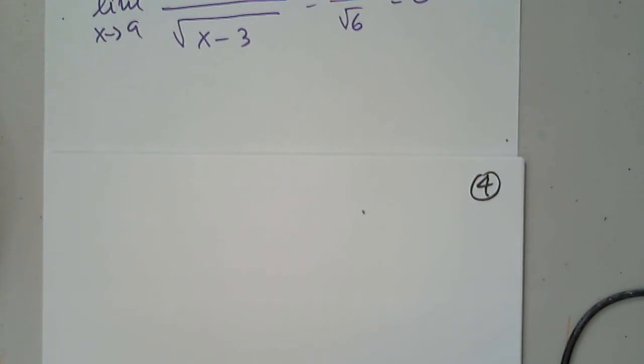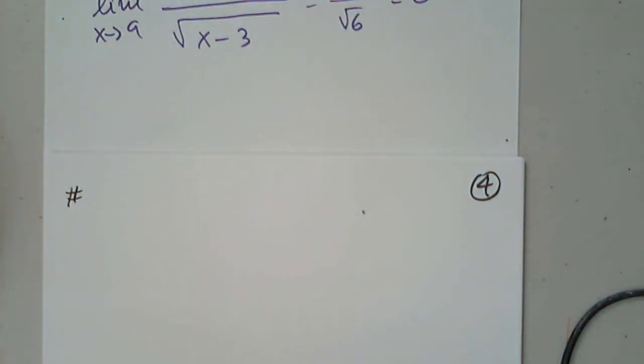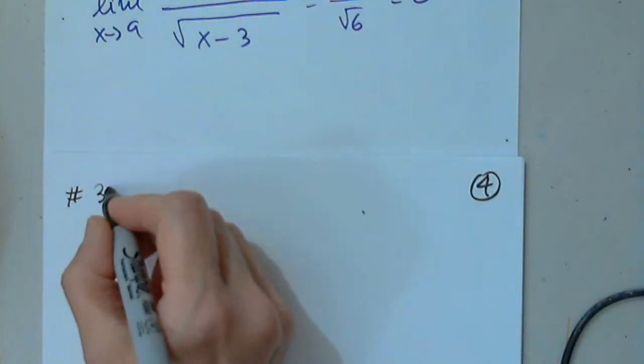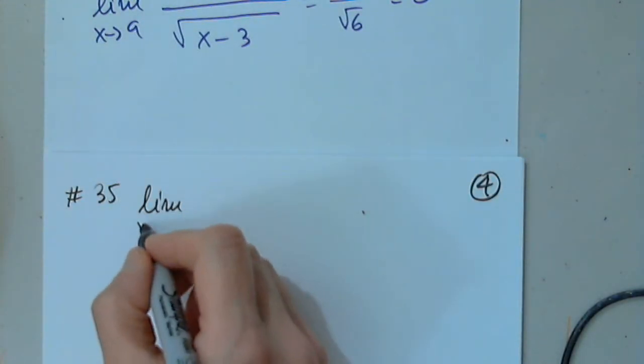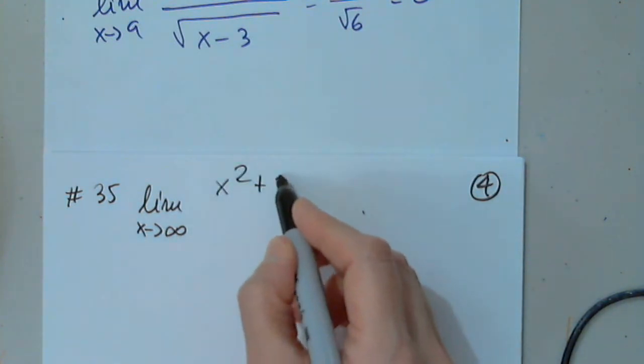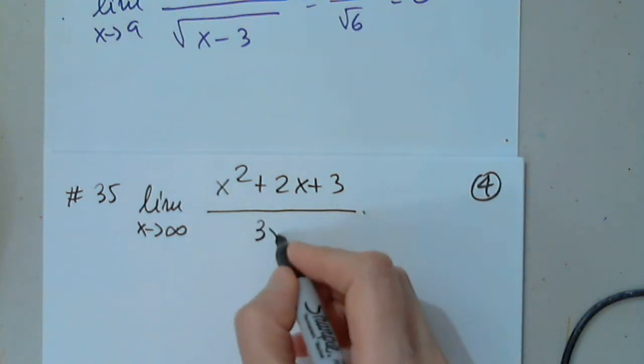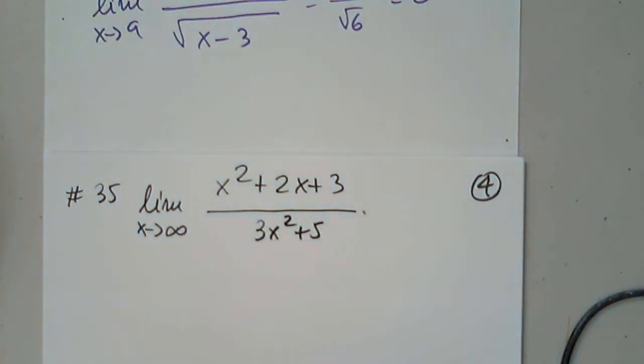Okay, so now let's take a look at something else. Still limits. Like 35, limit as x approaches infinity, over 3x squared plus 5. So this is a totally different situation. Why is it different?